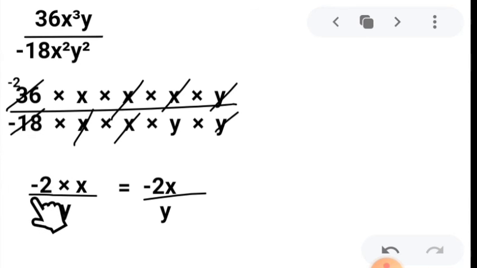So we write down the minus 2. The remaining variable in the numerator is x, we write it down, and the remaining variable in the denominator is y, we write it down. So minus 2 times x is minus 2x, and divided by y. So the answer becomes minus 2x over y. Because the numerator is positive and the denominator is negative, and we are dividing, the answer becomes negative.